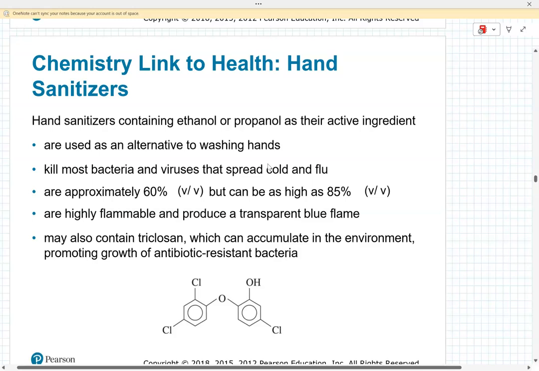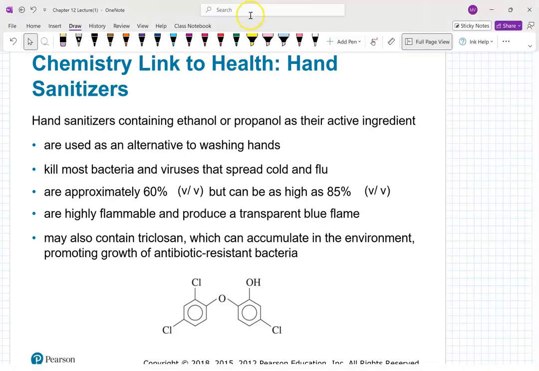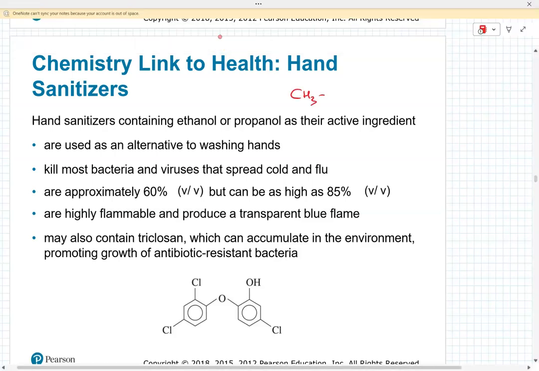So, hand sanitizers use either ethanol or isopropanol. So I'm going to put some formulas in there. Ethanol, you already know what it is. Isopropanol is this.